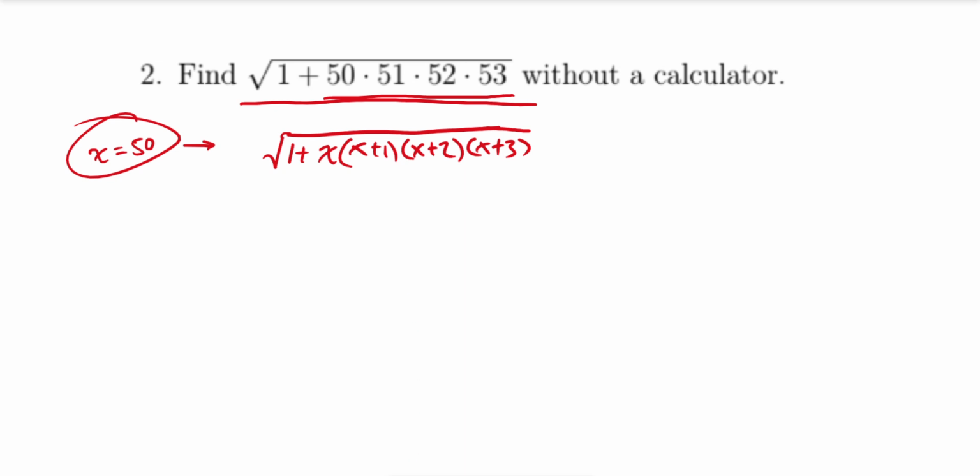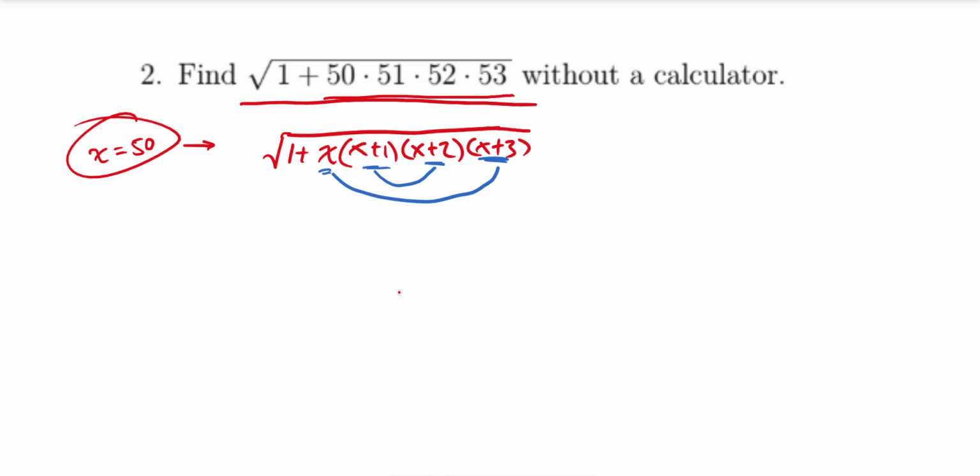So a key thing to notice on this step is to really think about how you could get your factors to look more alike. What do I mean by this? Well, let's multiply x by x plus 3 and x plus 1 by x plus 2, instead of just multiplying in the normal way.